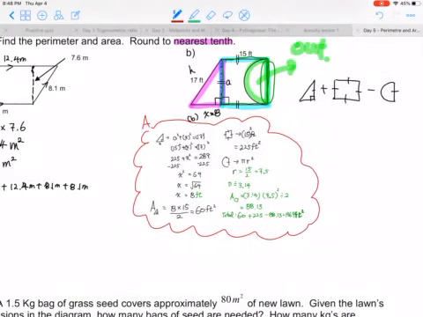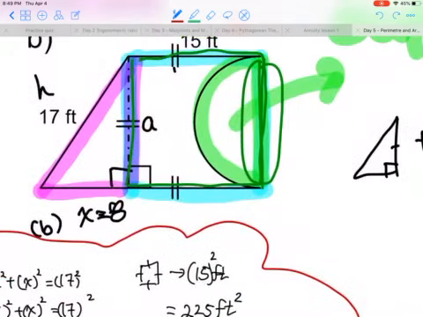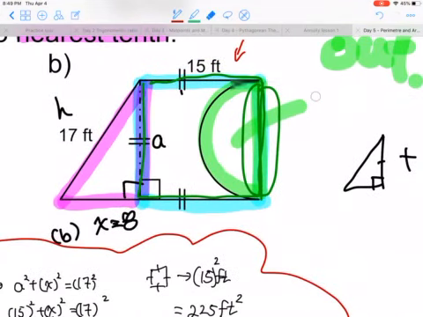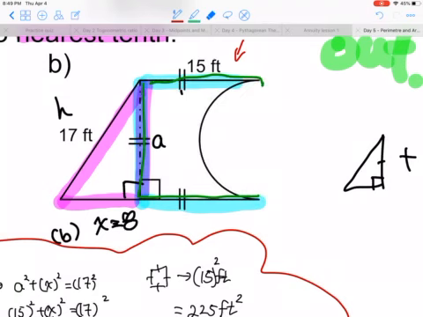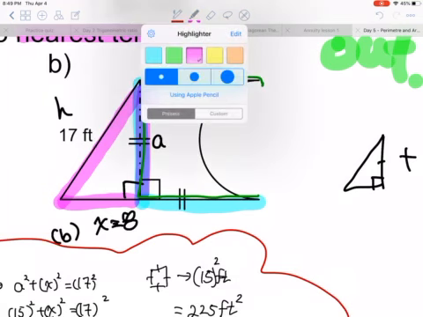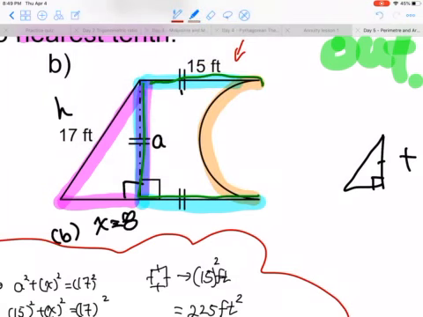If you take a look at this, we know this one's 8. We know 17, 15, 15. Now we do not add the A, right? That's the inside. So we're only adding the outside. So the only part that is missing is this one, which is the perimeter of a half circle, which we call the circumference of a half circle.